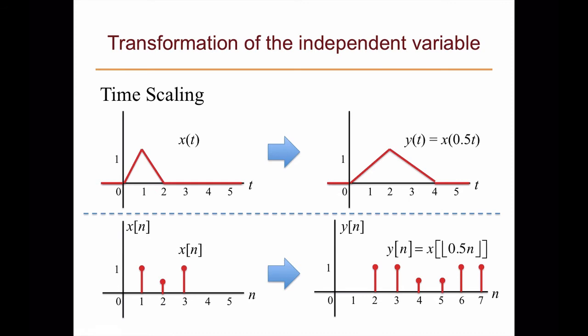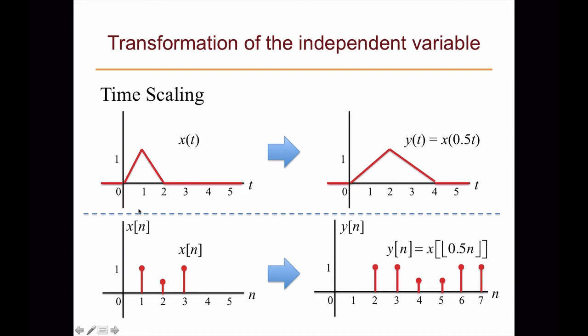We can perform the time scaling by multiplying an independent variable with some constant. The equivalent of this operation is like when you watch a movie and then you slow it down or watch it in a fast forward manner. That is also the process of time scaling.